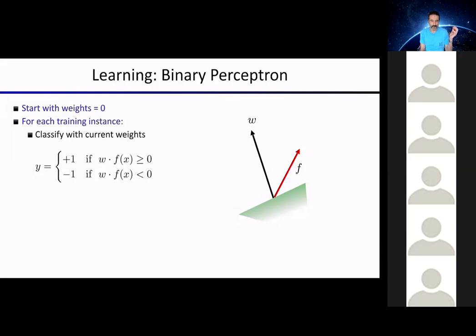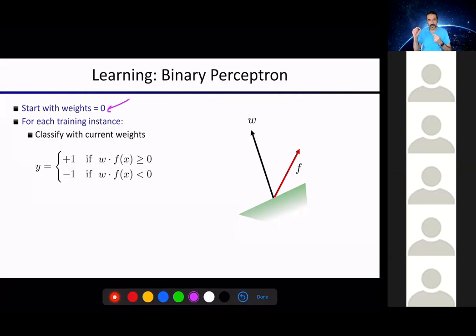The approach was iterative. You start with an initialization of the weight equal to 0, and we select each training data point, one at a time, and then we calculate the inner product between W and the feature vector.